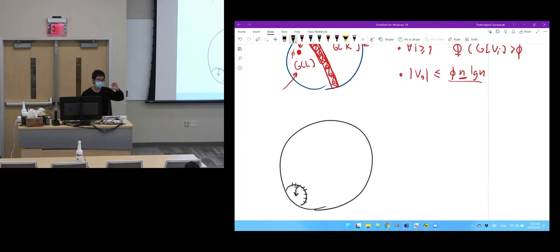So the vertex is charged whenever it is on the smaller side. It doesn't matter if this cut is balanced or not, right? But when you get charged, your graph is reduced by at least half.